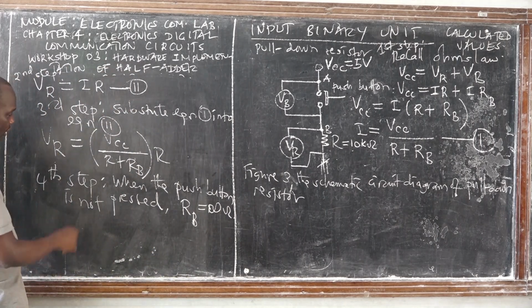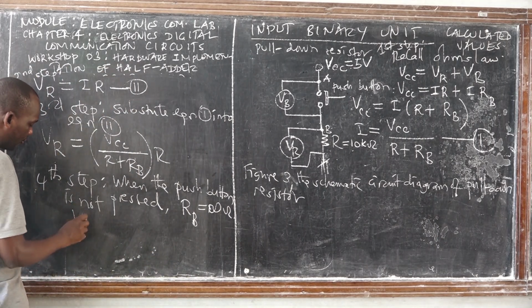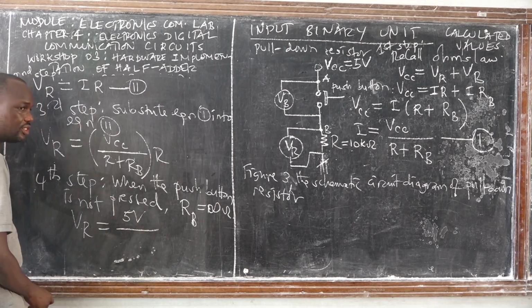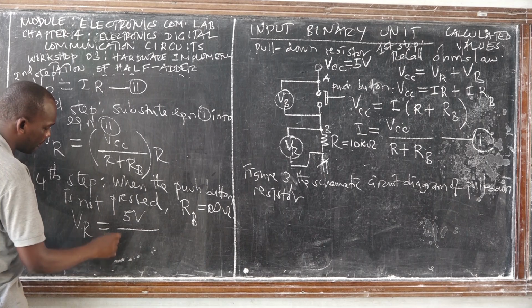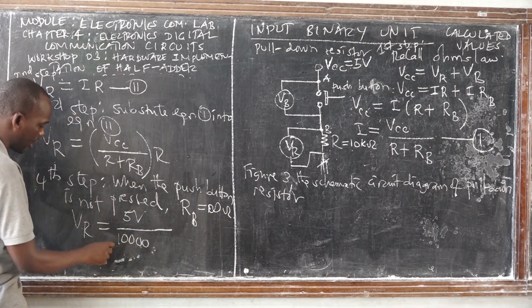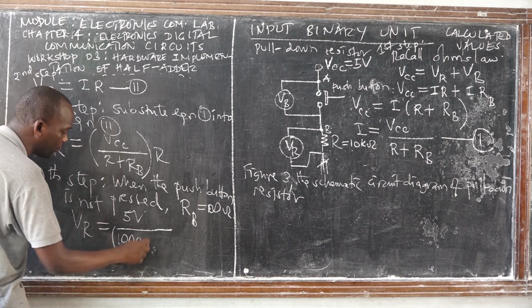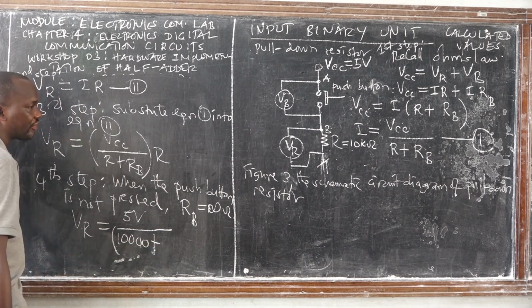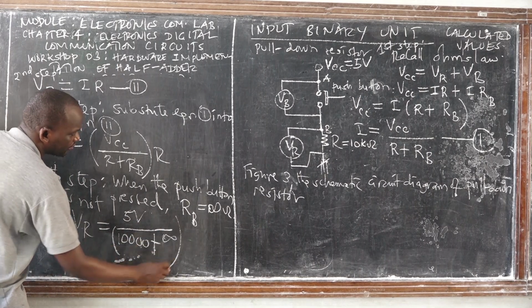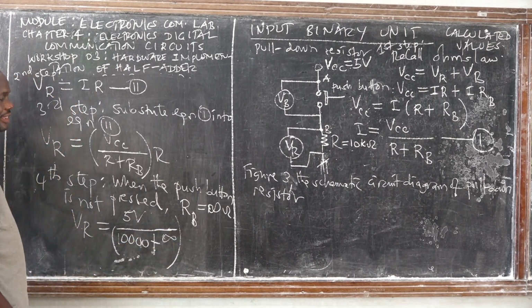So for that case, the voltage across the resistor is equal to 5 volt over the resistance of the pull-down resistor, which is 10 kilo ohm, converted into 10,000 ohm, plus infinity. Are we together?